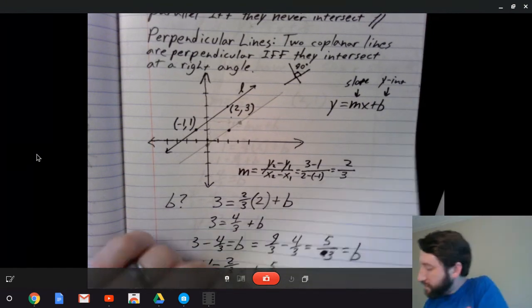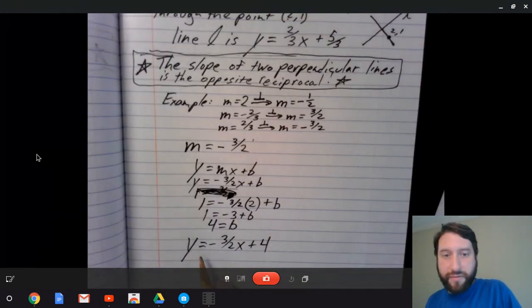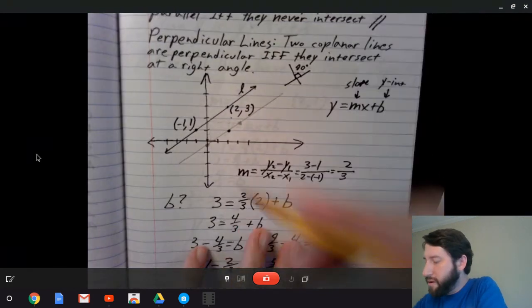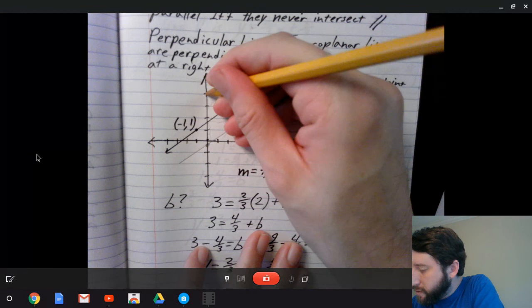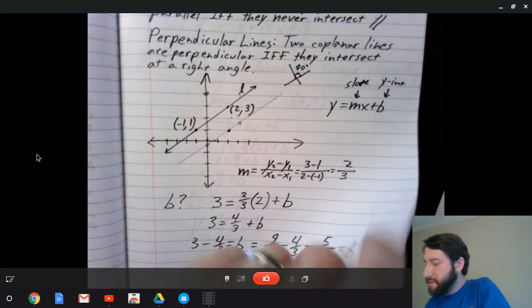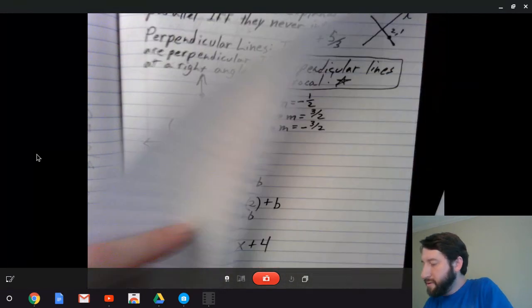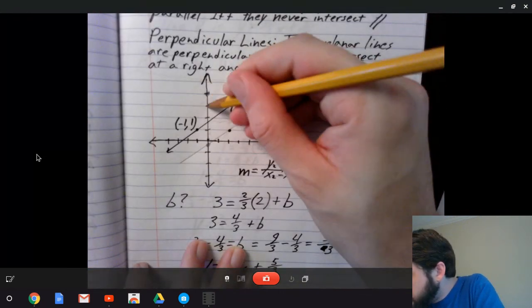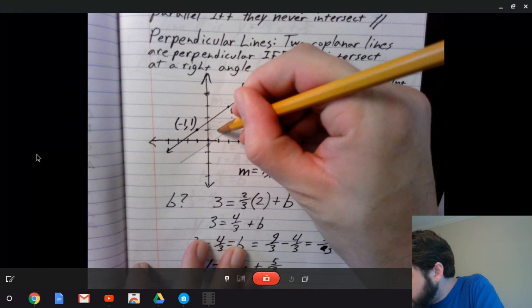There we go. My equation was y equals negative 3 halves x plus 4. So I'm starting at 4. 1, 2, 3, 4 is my y-intercept. Negative 3 halves, so I'm going to go down 3 over 2. 1, 2, 3, 1, 2.